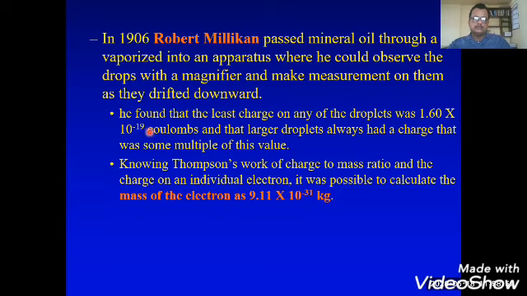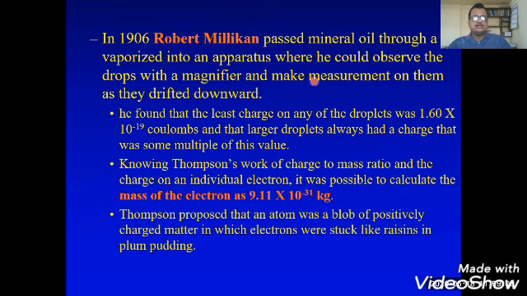So Sir J.J. Thomson calculated the charge to mass ratio, that is the e by m ratio, and Robert Millikan in 1906, by the famous liquid drop experiment, could calculate the charge of the electron, which was 1.6 into 10 to the power of minus 19 coulomb.